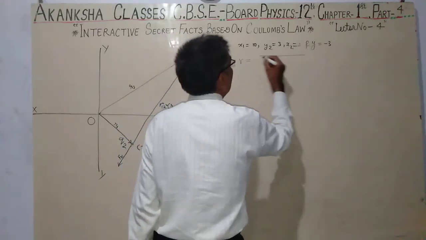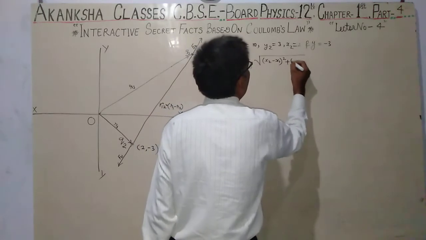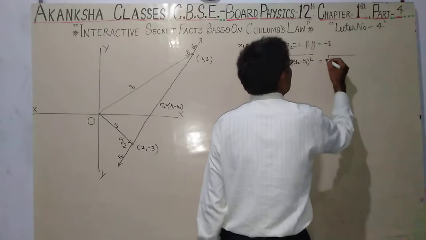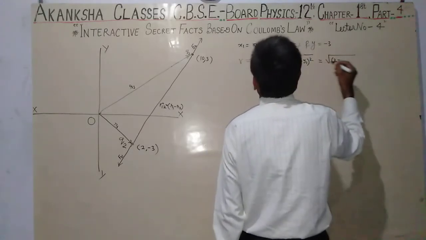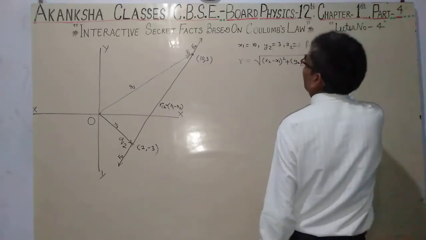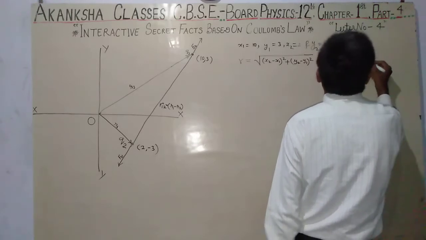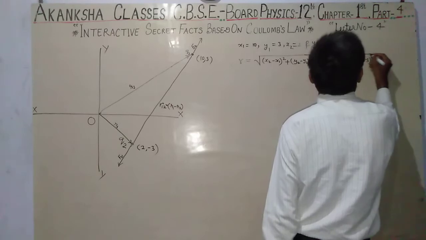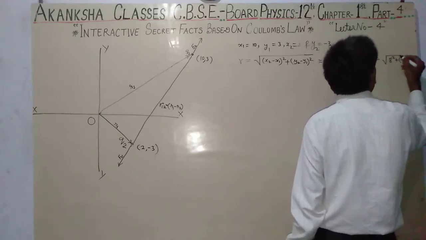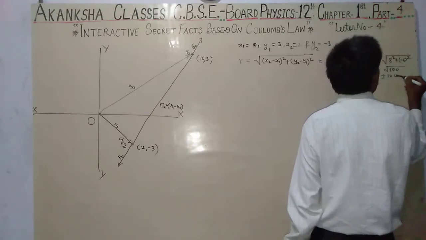R equals square root of (x2 minus x1) whole square plus (y2 minus y1) whole square, equals square root of (2 minus 10) whole square plus (minus 3 minus 3) whole square, equals root of 8 square plus minus 6 square, that is equal to root 100, which gives plus or minus 10 units.